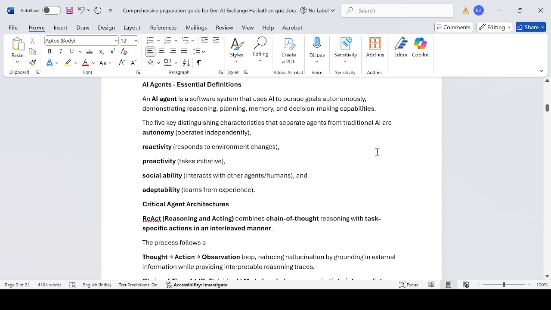Then proactivity: it takes the initiative and performs operations proactively. Social ability: it interacts with other agents and even humans. Adaptability: it learns by experience. That is very critical.